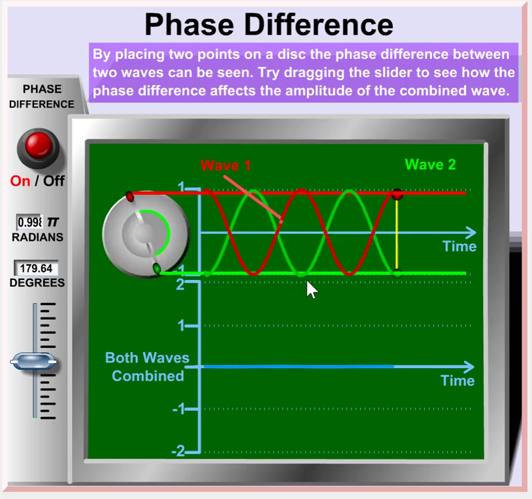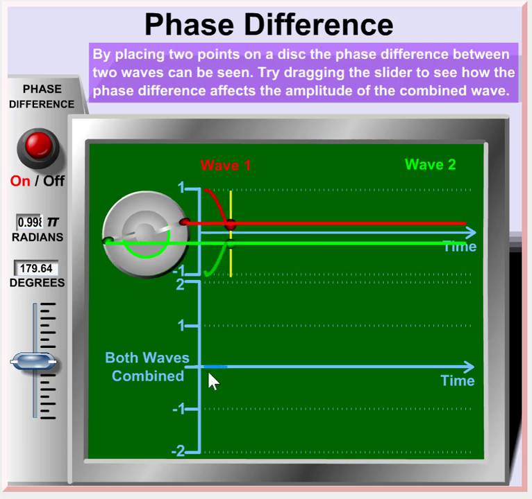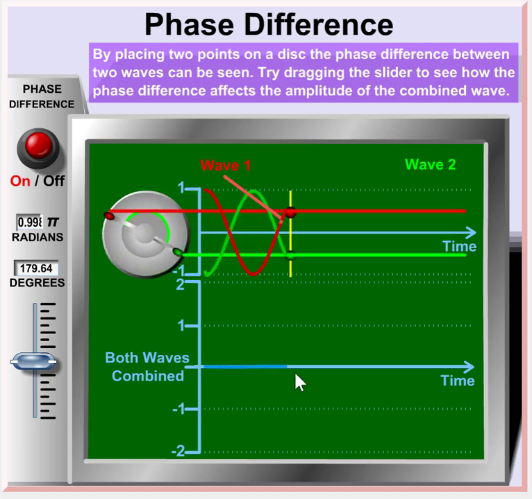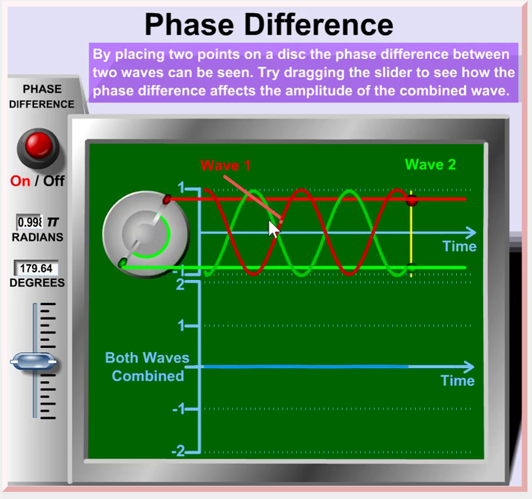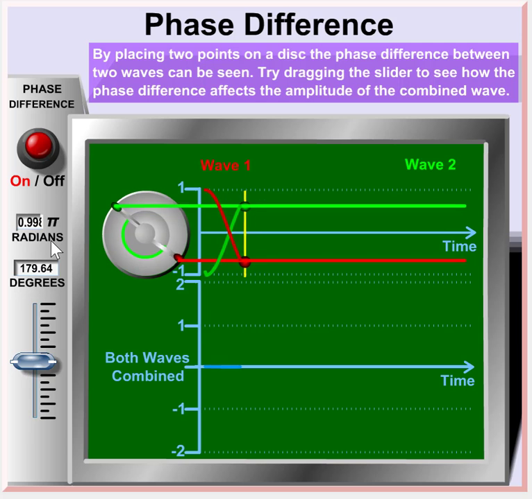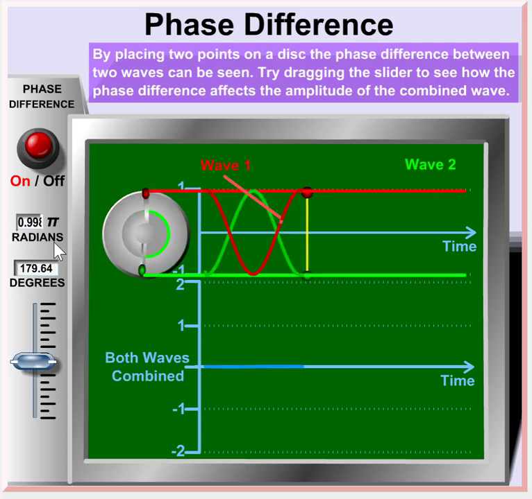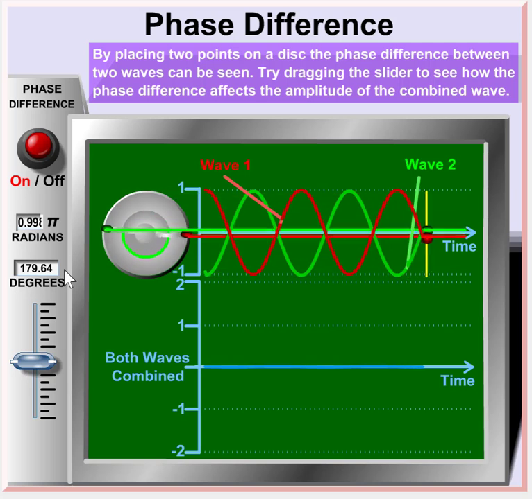So crest and trough are overlapping. That means, of course, there's destructive interference, and indeed the superposition, both waves combined, gives you 0. So we could say they're half a wavelength apart, basically 1 pi radians apart, or 180 degrees out of phase.